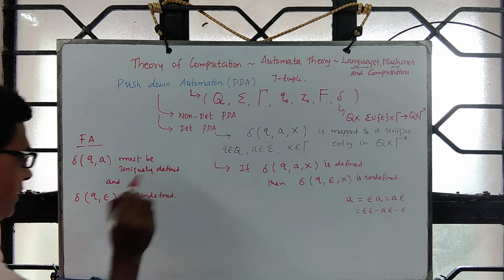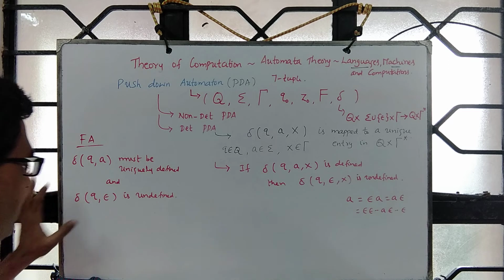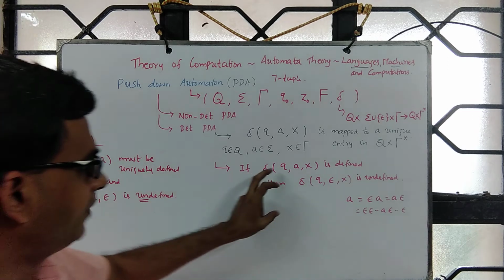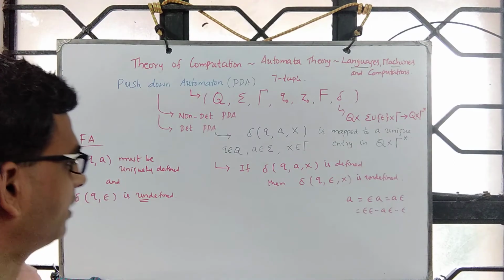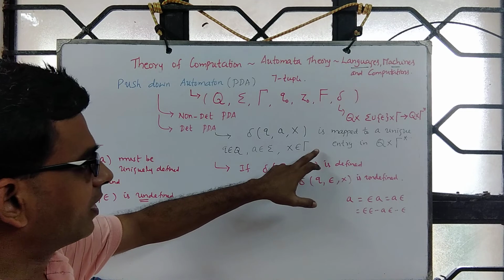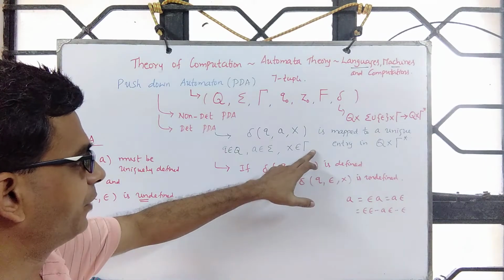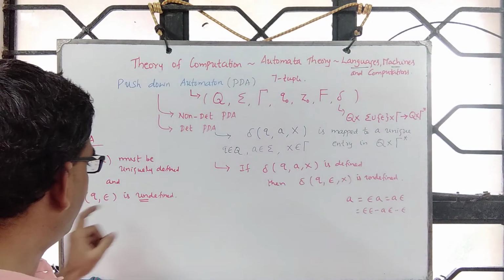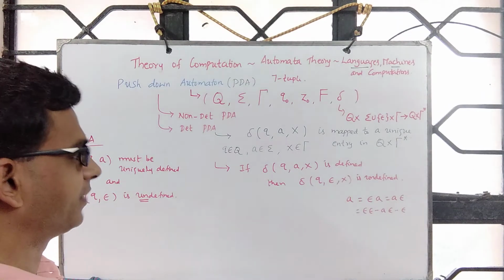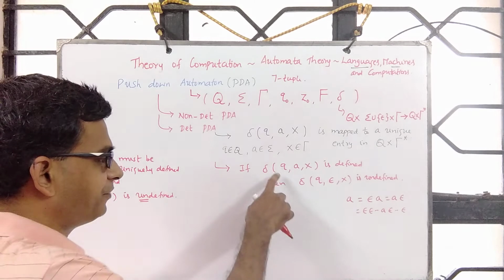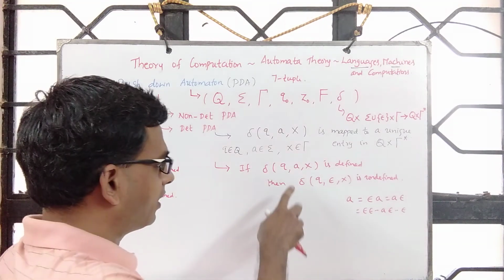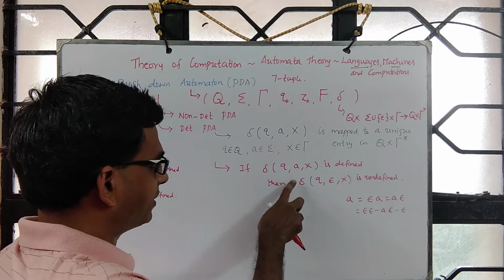For any state, the epsilon transition is not allowed. Now, a similar thing is what we are trying to mimic in the context of PDA. You say that the entry must be unique, and delta of q comma epsilon comma x must be undefined. If this is defined, then this should not be. Otherwise, what will happen? You get to see non-determinism.